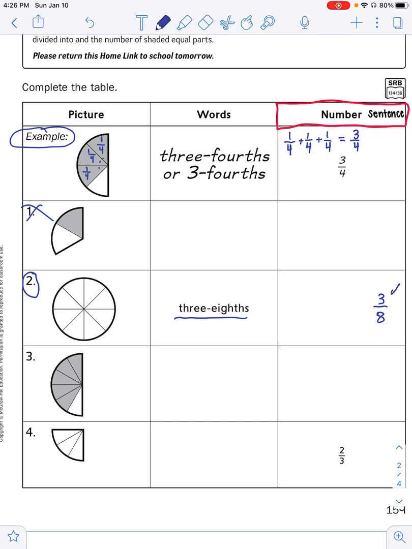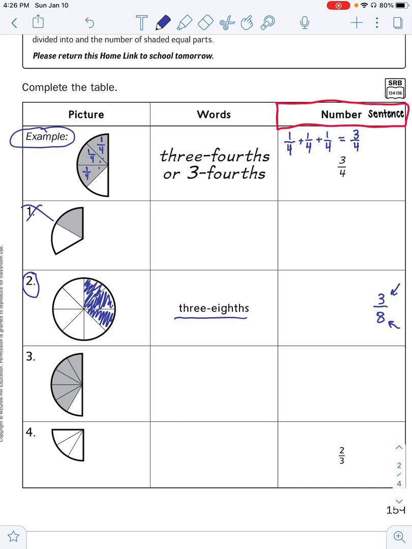Well, this top number is the number of pieces that I need to shade in out of the total number of pieces, which is 8. So I would just know to shade in 3 of them. 1, 2, 3. And that would represent my 3/8. But I need to also put it into a number sentence.